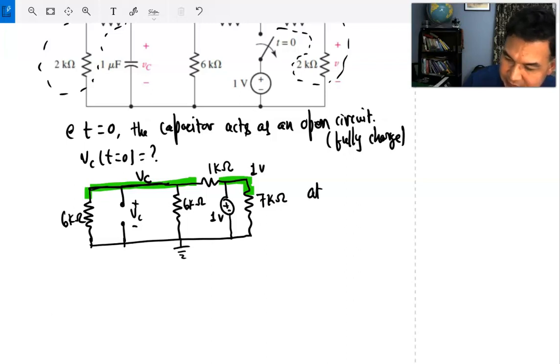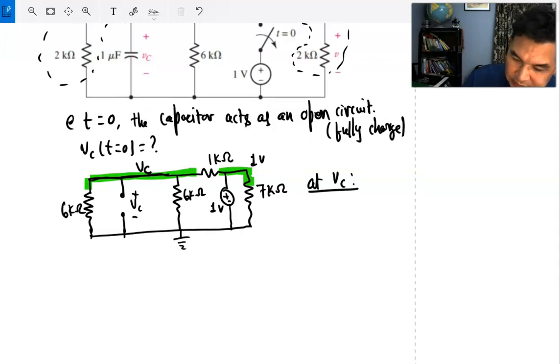So at VC, let's say these are the currents going. At VC, 1 minus VC over, this current gets divided into this and this.